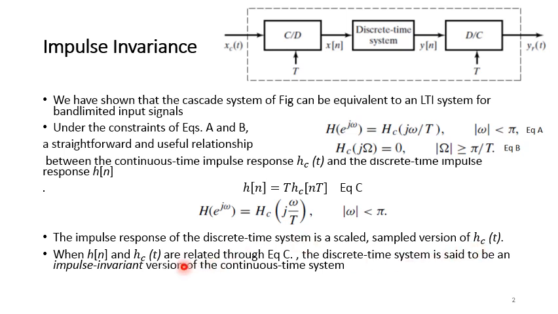When h[n] and hc(t) are related by this equation, the discrete time system is said to be an impulse invariant version of the continuous time system. So I hope you understand. For the signal we also had a similar relationship.